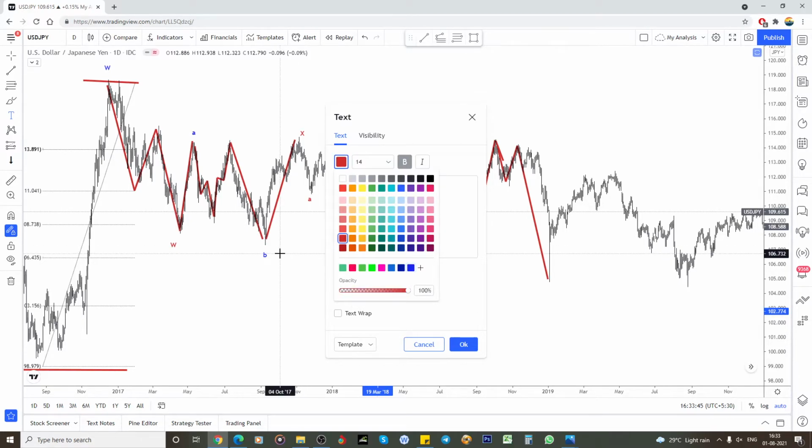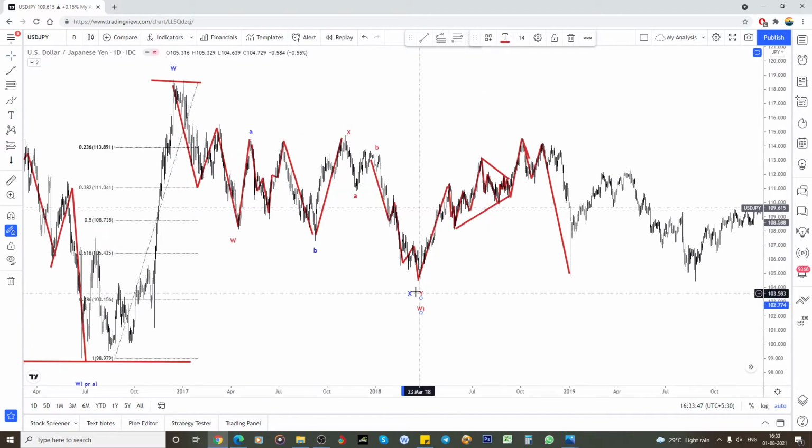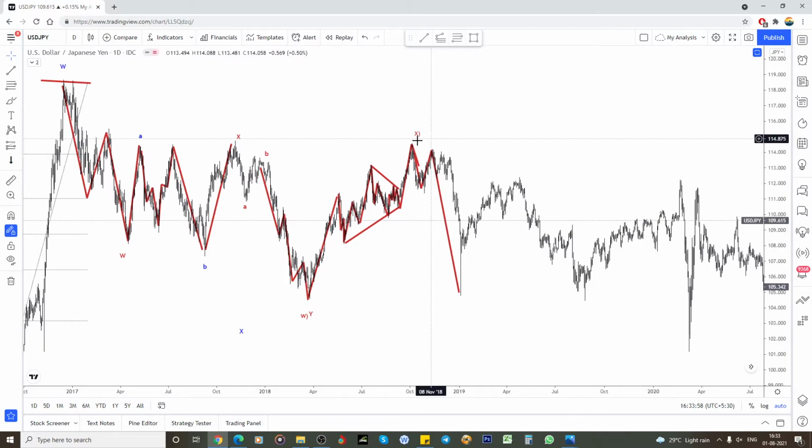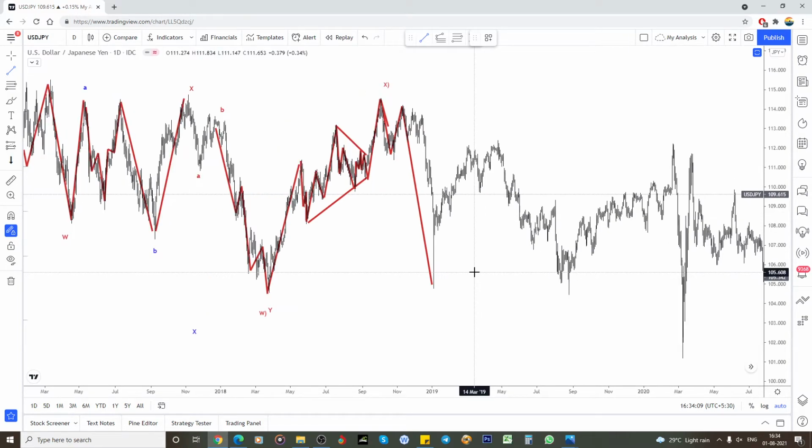So what is meant by that? It's a red. For reference only I'm making it a little bit different. So this X is not yet completed. Again we are going for a connection wave. That means for Y we need to break this low, but it has not yet broken the low. Again it bounced. What the hell is it doing? That is why I keep on watching this, because I booked here itself, expecting the second wave.